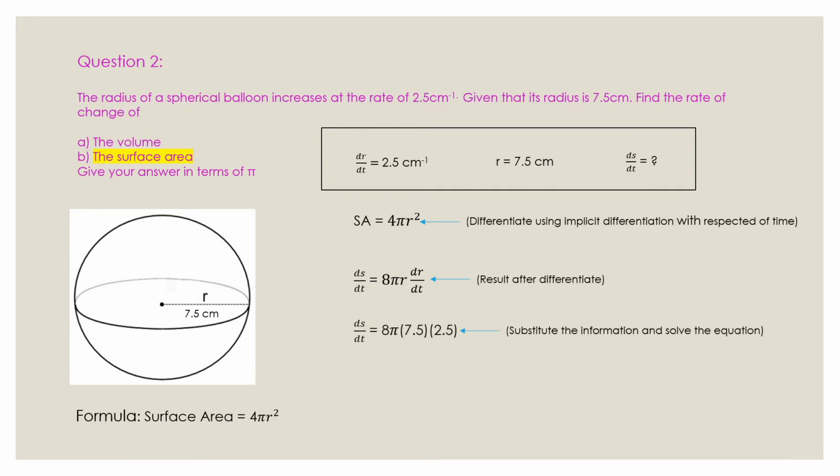Now, we will substitute the information and solve the equation. ds over dt equal 8 pi, we need to substitute r with 7.5 and dr over dt with 2.5. And we will calculate the answer. The final answer is 150 pi centimeter square per second.